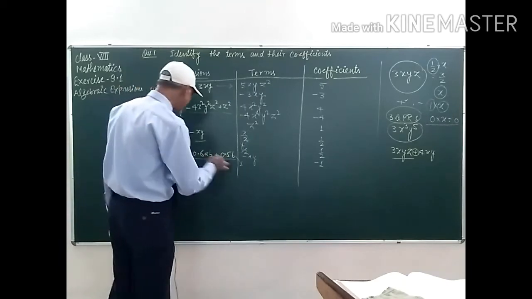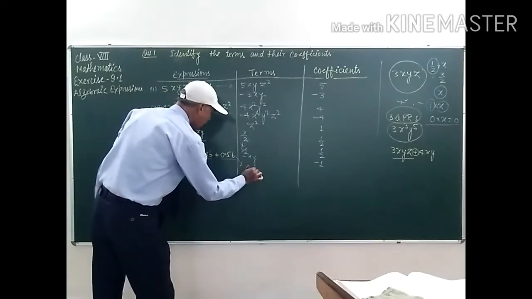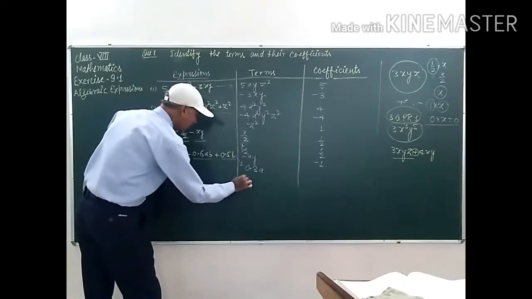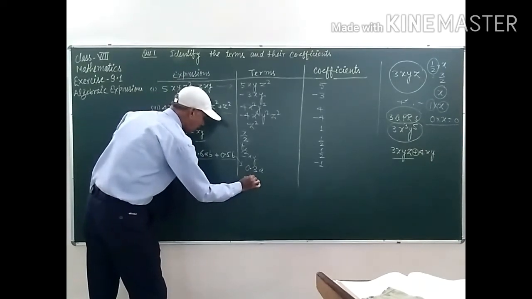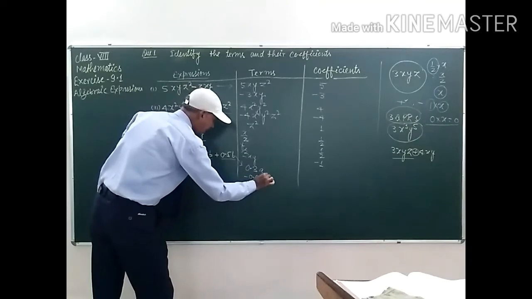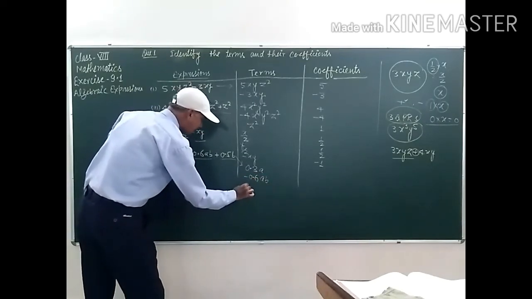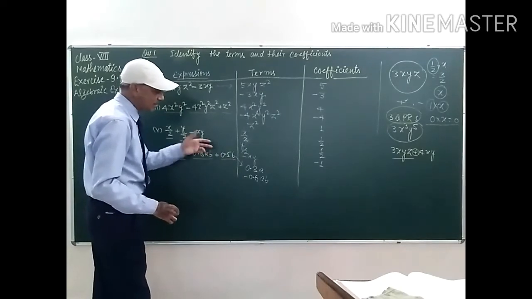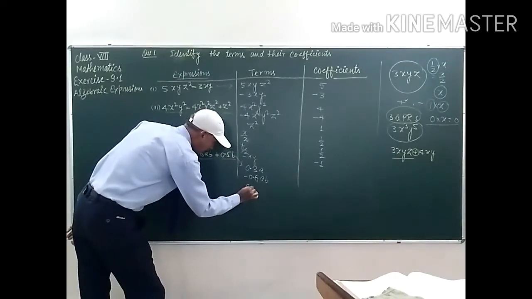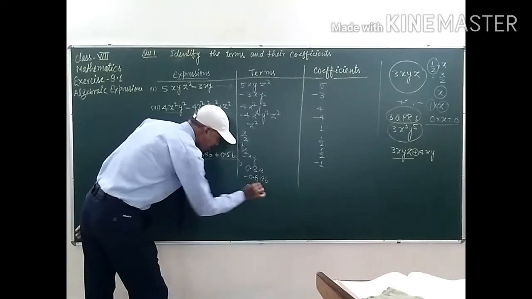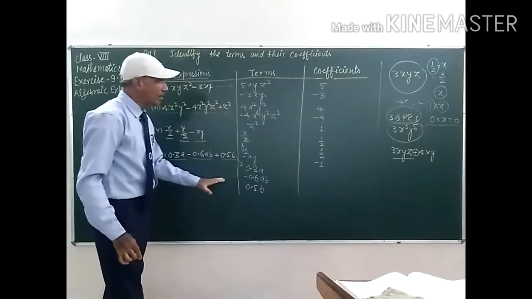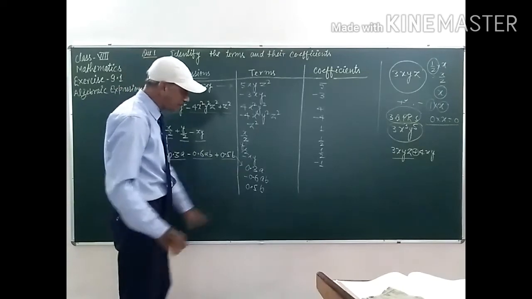So write the first term first, 0.3a, and the second term is minus 0.6ab, and the third term is plus 0.5b.